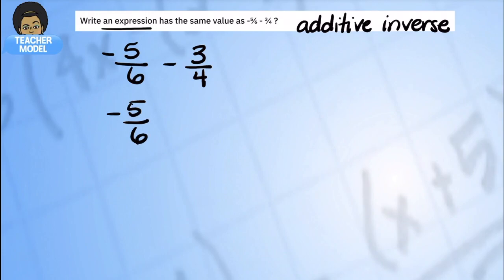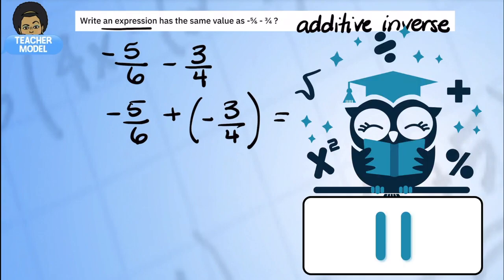And I'm going to rewrite this into an addition problem rather than subtraction. I'm going to add the opposite of 3/4. So the opposite of 3/4 is -3/4, and now my expression has clearly been rewritten. You can hit pause, you can jot this down into your notes.